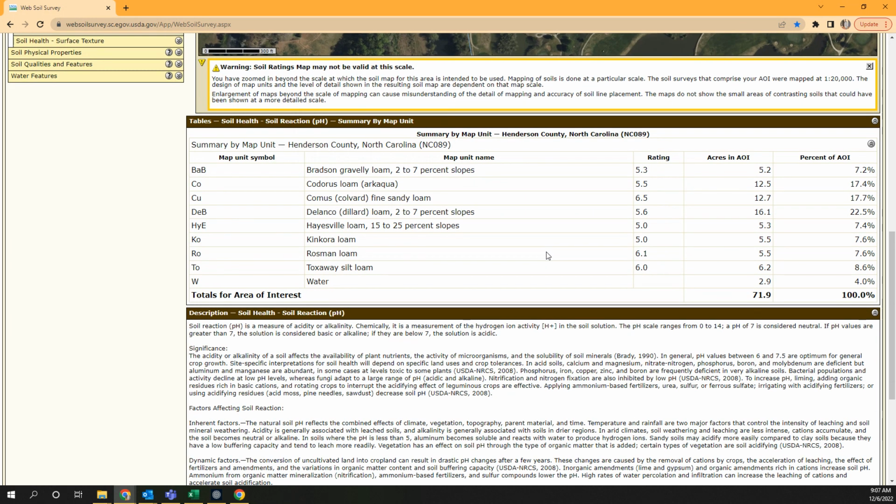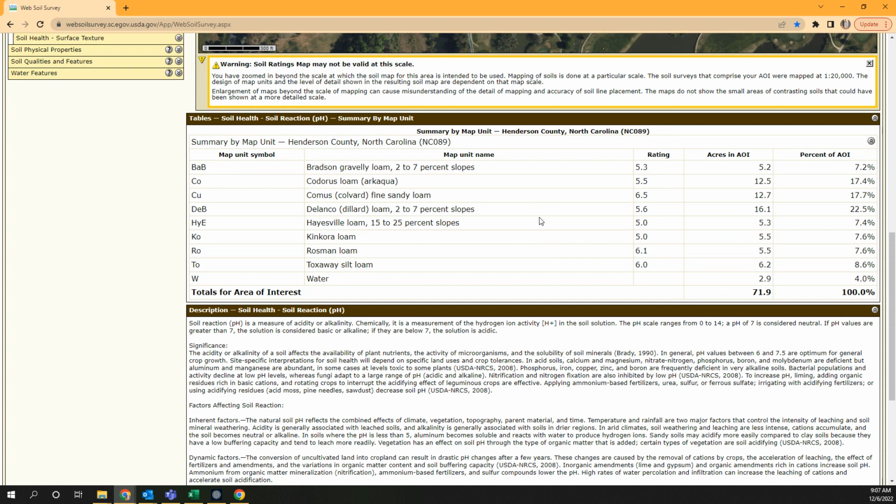When it comes to soil reaction and pH, if you're looking at a farm site or somewhere that is not a native soil, to the point that it's being manipulated a lot, I would suggest sending in a soil test or doing a pH test at some point to verify that the soil reaction level is what it is.